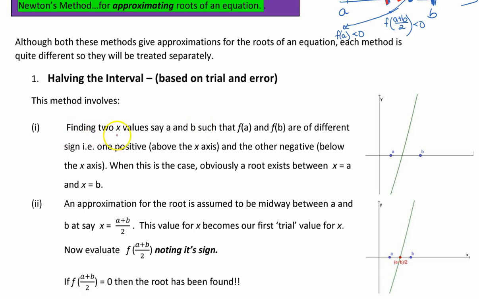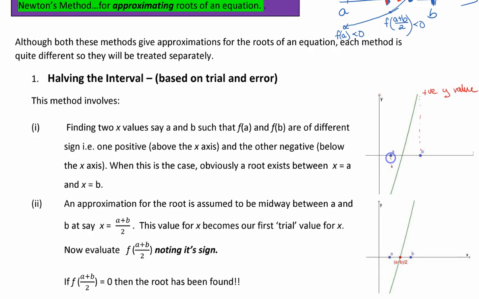This method involves finding two x values, namely a and b, and they've got to be fairly close, and you're often given them anyway, so that's fine, where one results in a positive y value. So here at b, if we subbed b into the function, we're clearly getting a positive y value.